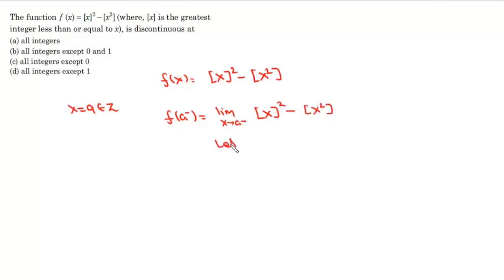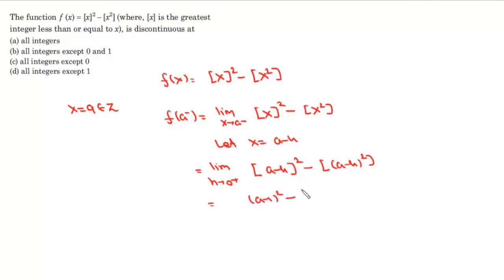Now what we'll do is we'll let x as a minus h. So it will be the limit as h tends to 0 positive of the greatest integer function of (a minus h) square minus the greatest integer function of (a minus h), whole square. Now the greatest integer function of a minus h is a minus 1. So it will be this (a minus 1) whole square minus the limit as h tends to 0 of the greatest integer function of a square minus 2ah plus h square.